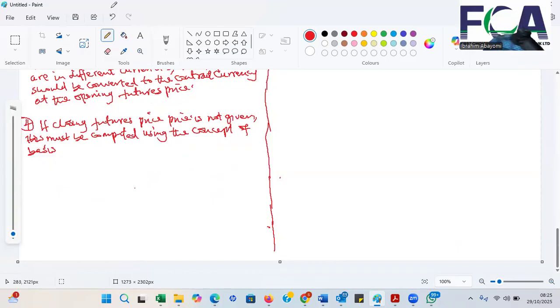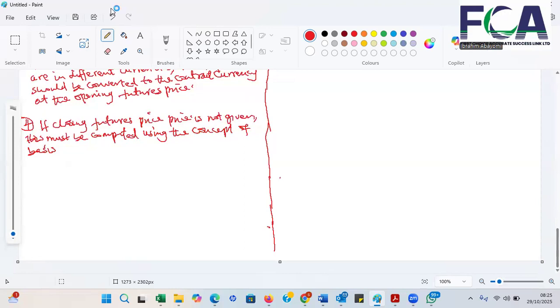So you know we said that you enter by buying or selling futures contracts, and you close by also buying or selling futures contracts. So it means the price at which you are entering the market is the opening futures price. When you are closing out, you need to have a closing futures price.